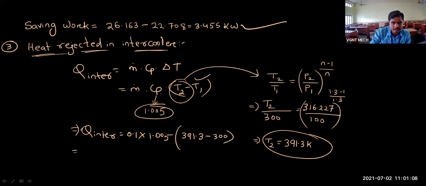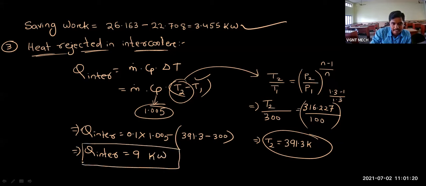Solve this and heat rejected in intercooler we can find is something around 9 kilowatt. Exact answer I don't know, we calculate it. Around 9 kilowatts of heat we are rejecting in the intercooler. 9.175. This much heat we are rejecting in it.